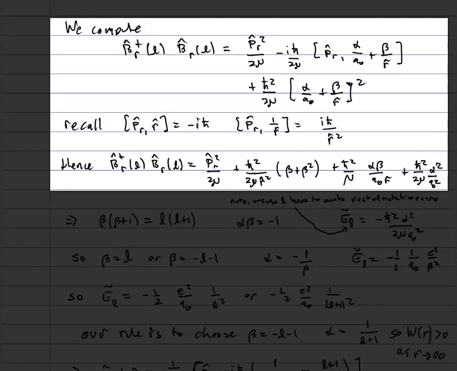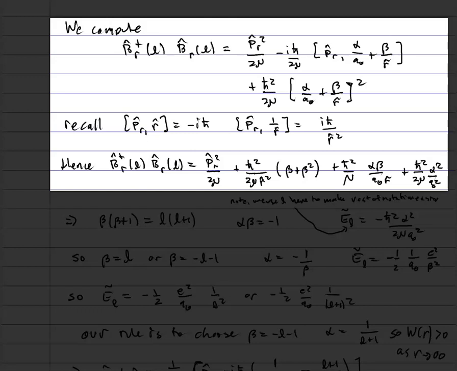We have an h bar squared over 2 mu R hat squared times beta plus beta squared. So the beta is coming from the commutator and the beta squared is coming from the square. Then we're going to have plus h bar squared over mu, because there's a factor of 2 that cancels, alpha beta over a0 R hat. And then we're going to get plus h bar squared over 2 mu alpha squared over a0 squared.